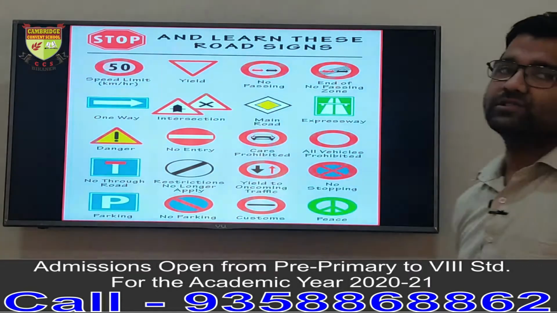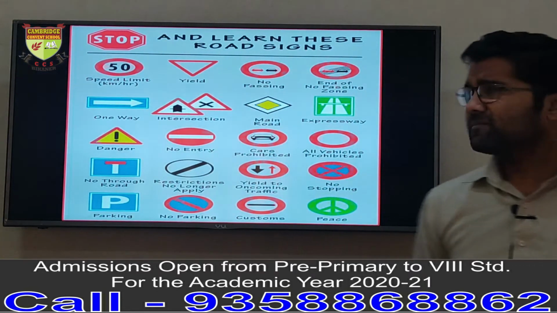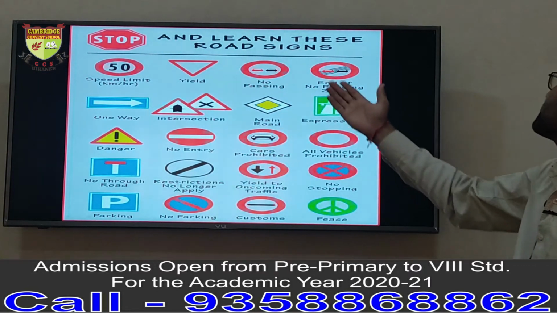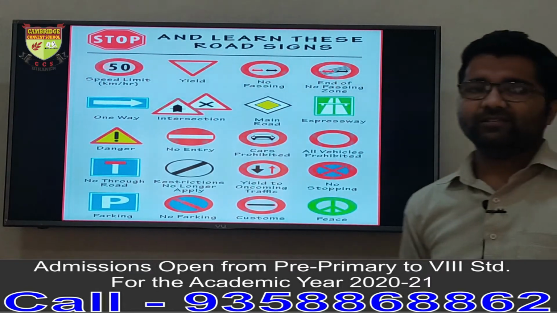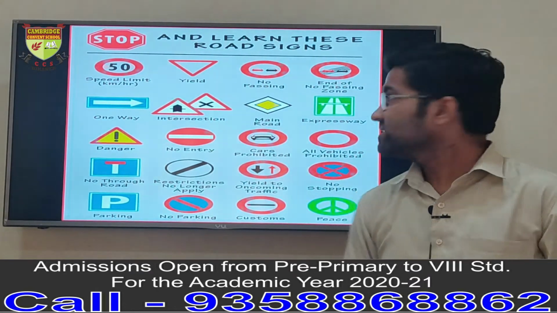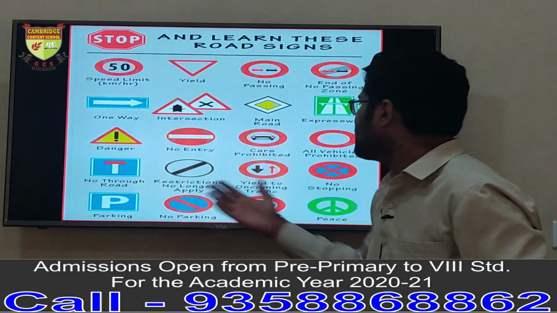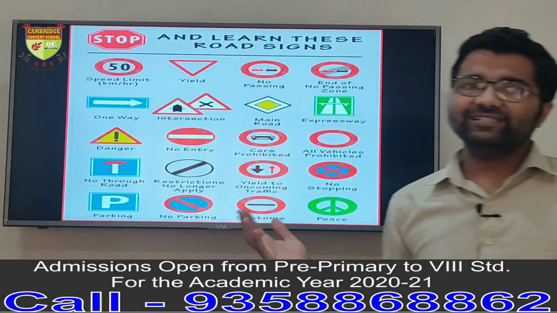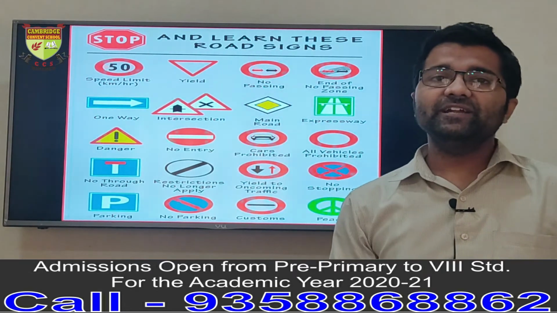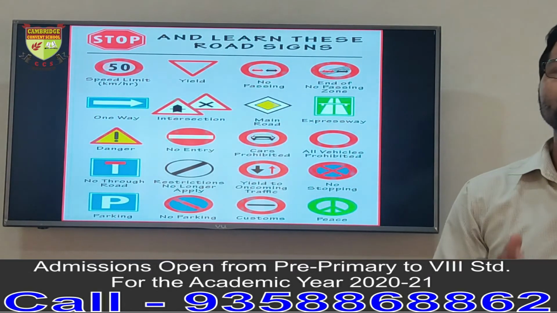Now the second most important factor is symbols. You have seen road signals if you visit a place, like speed limit, one way, danger. What are these? These are indicators. They indicate the different types of signs which we should follow.